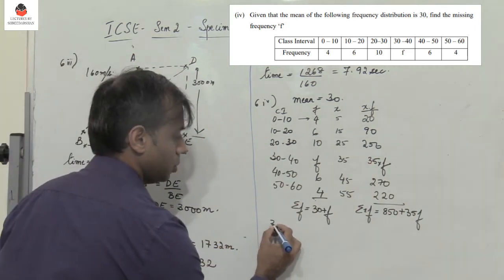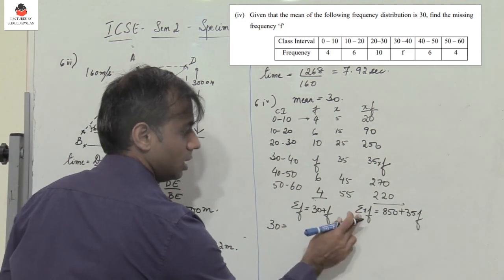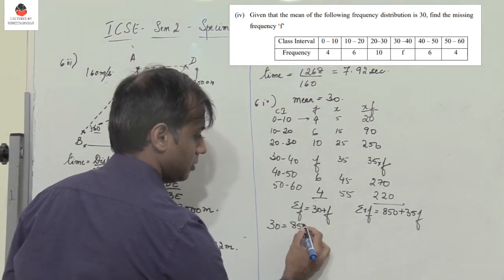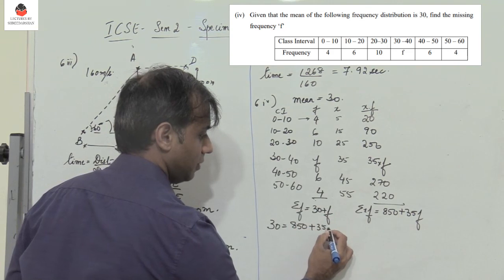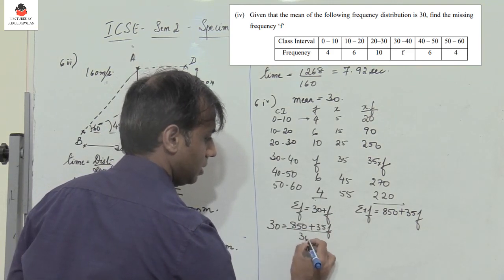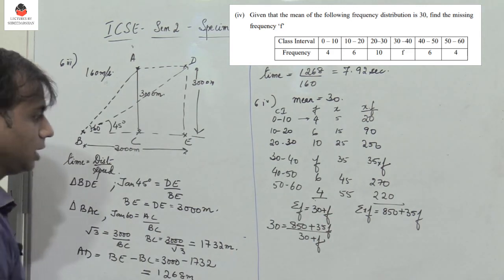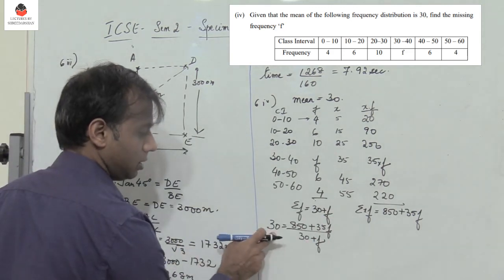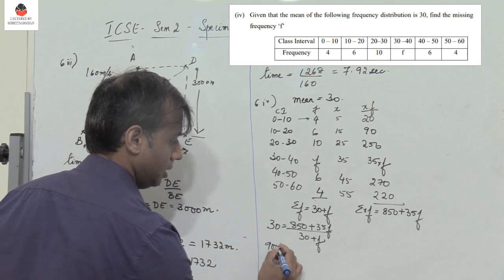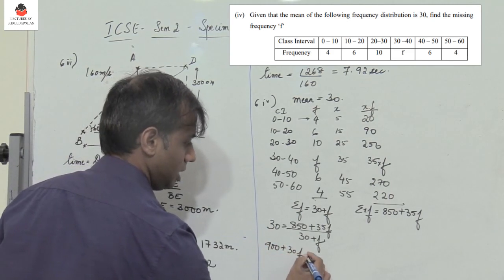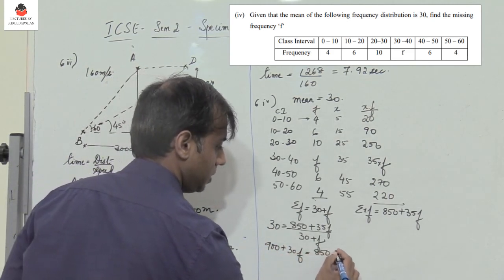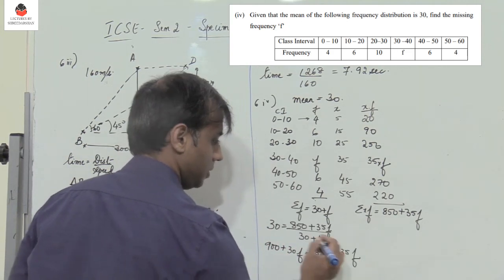So 30, which is the mean, equals sigma xf, which is 850 plus 35f divided by 30 plus f. Alright, so if I multiply this with 30, I get 900 plus 30f equals 850 plus 35f.